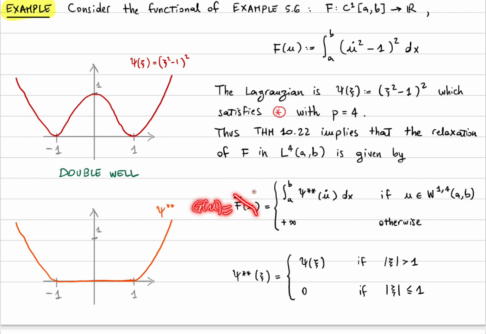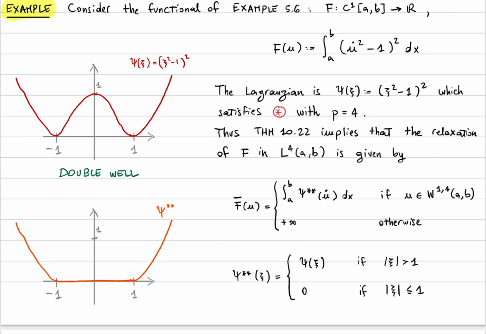We didn't call it relaxation, but now we know that g of u can be just taken as the relaxation, and it satisfies all the assumptions if you look at the general theorems that we proved. Because now here you have a convex Lagrangian, and so you can easily prove that this function has a minimizer, depending on boundary conditions, of course.